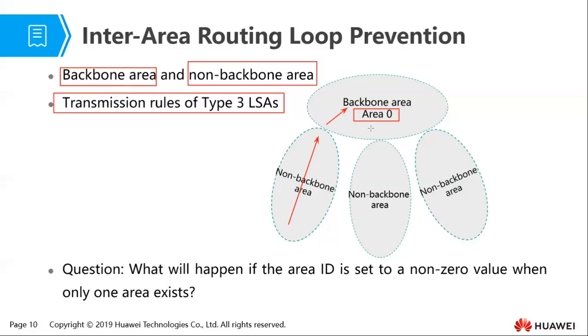So the backbone area is going to share it to the other non-backbone areas. So what we're simply saying is we cannot inject back this same route type 3 into the non-backbone area. Therefore, we cannot have a loop.